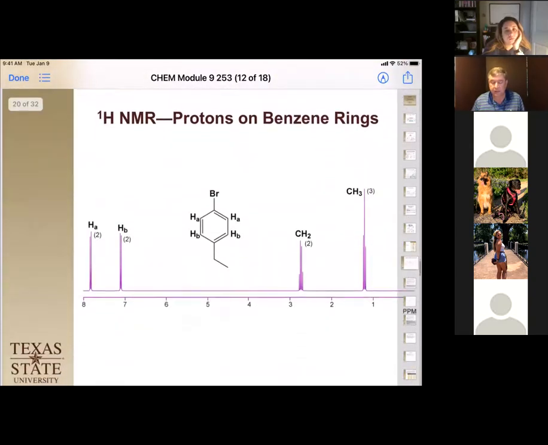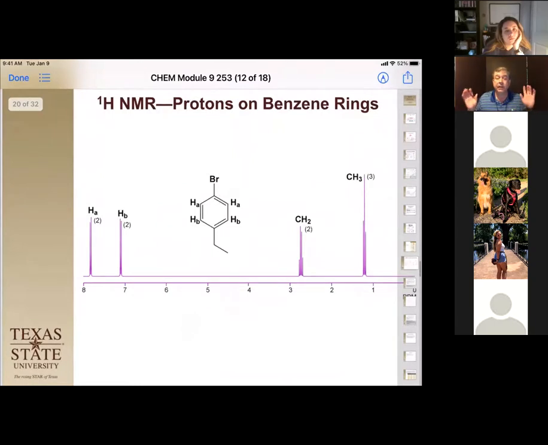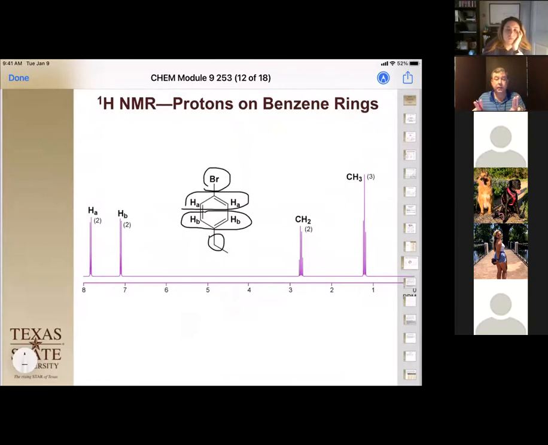Okay. So there's a really classical pattern when you have a para-substituted benzene ring. When you have a para-substituted benzene ring, you end up with these 2 hydrogens being equivalent, these 2 hydrogens being equivalent, and so you get a pair of doublets. The one that's going to be more downfield is the one closest to the electron-withdrawing group.